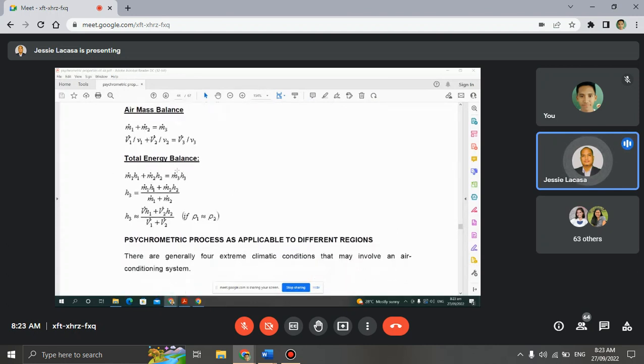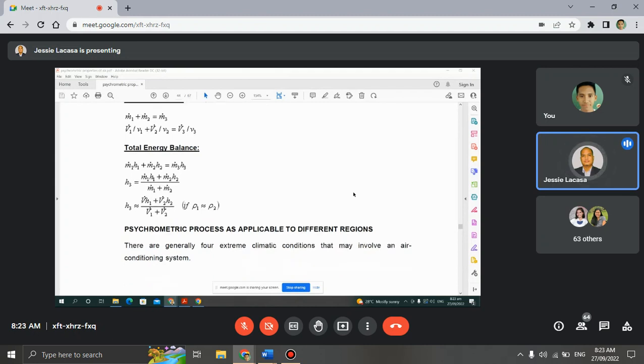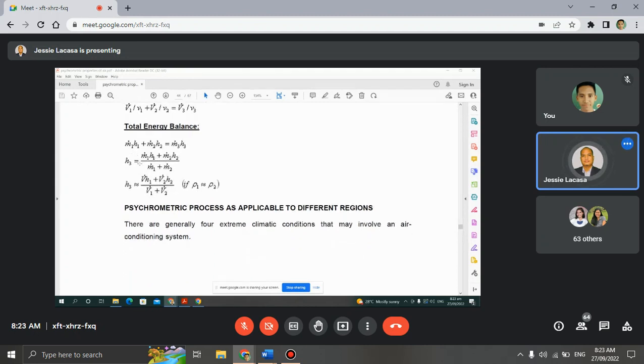So total energy balance, we have the mass flow of 1 multiplied by its enthalpy plus the mass flow of 2 multiplied by its enthalpy is equal to the mass flow of the resulting air multiplied by the enthalpy of that resulting air, no? Then if we're going to find the enthalpy for that air, so we have H3 is equal to (M1 H1 plus M2 H2) over (M1 plus M2), which is equivalent to M3.